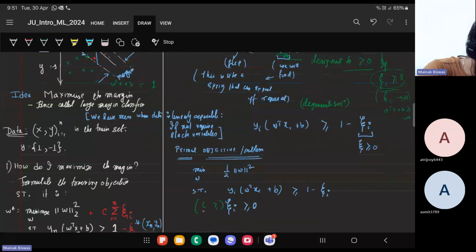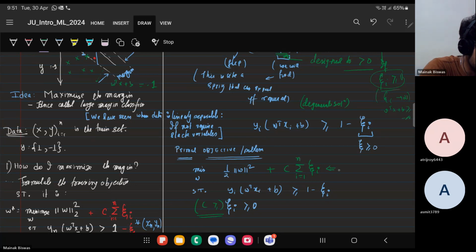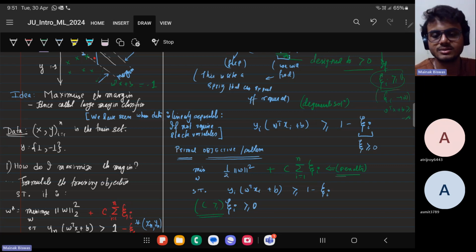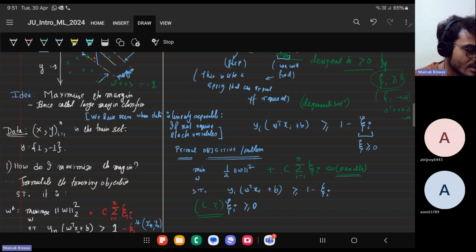So to prevent this, I will put a penalty. This is called the penalty. People also write this as the hinge loss, but it's okay.